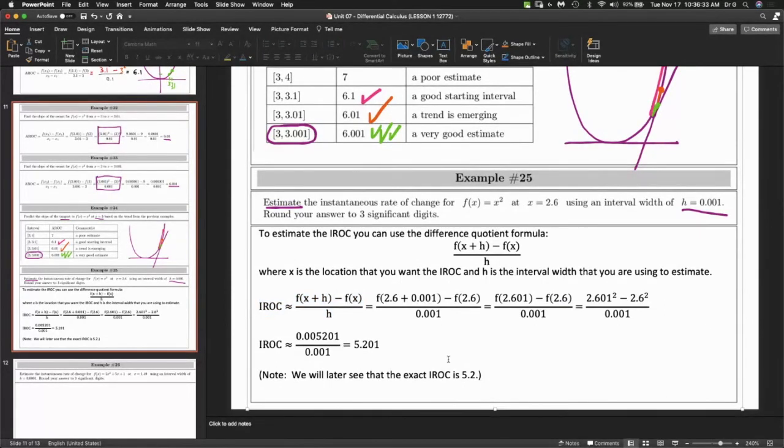I want to take a step back here and just say to you, I could have started today's lesson just talking about what a secant and what a tangent is, and then give you this formula. I could have done that for today's lesson, and then I could have done like 30 of these examples.